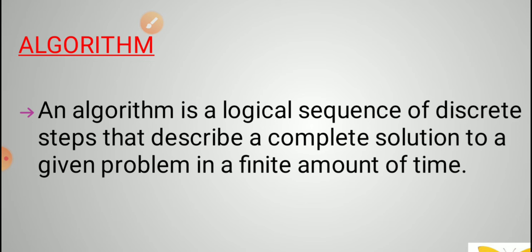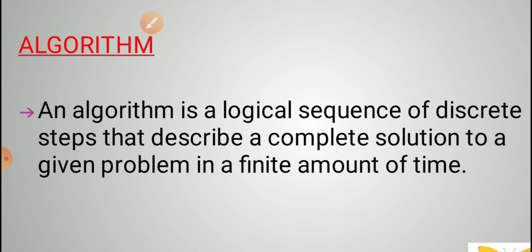So each operation must be definite, and it must be clearly defined what should be done, and each operation must be effective. Each step must be such that it can be done using pencil and paper in a finite amount of time, and each operation must be finite.